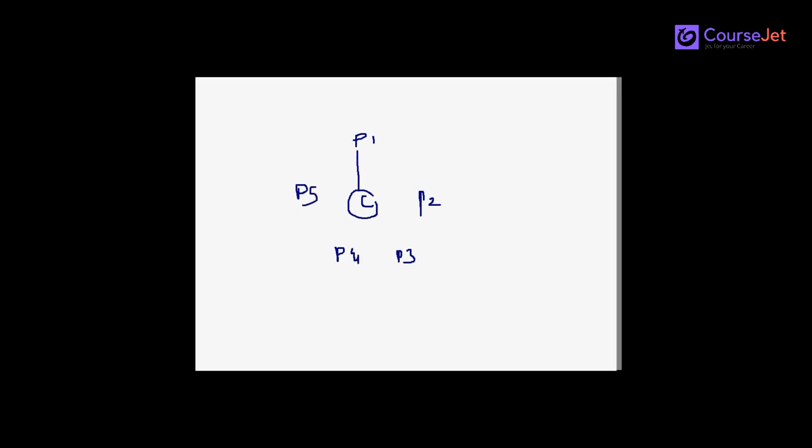Now, if your CPU starts executing from process 1, then after executing process 1 it will go to process 2, then process 3, 4, 5, and then again 1.